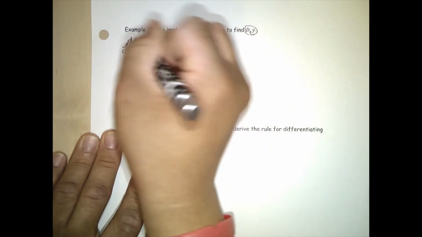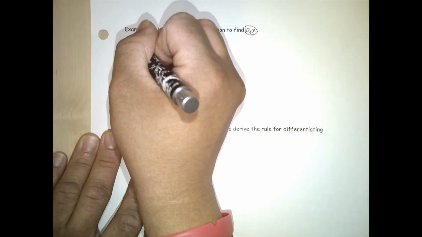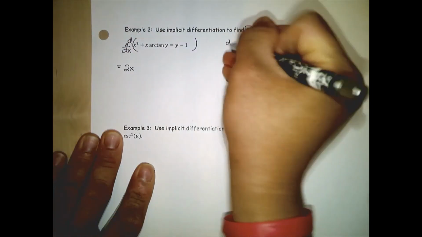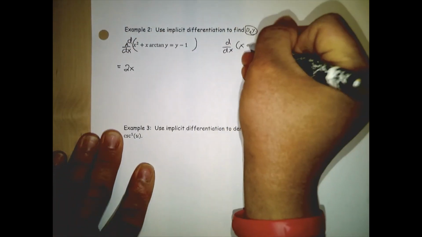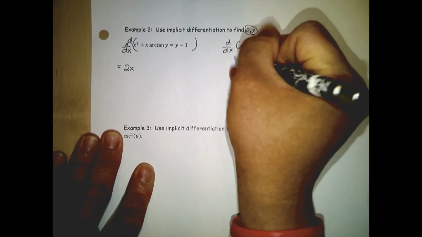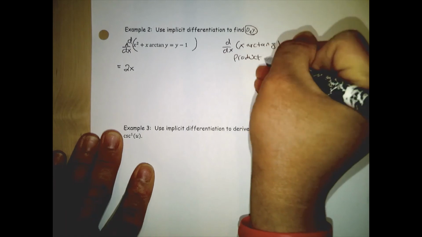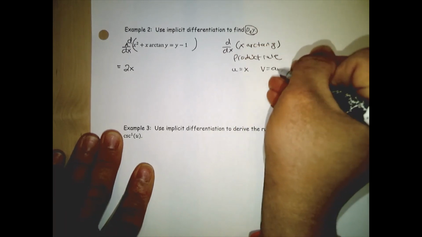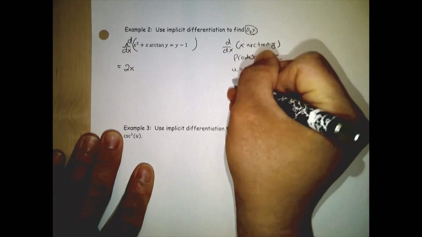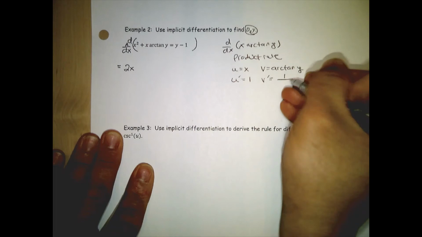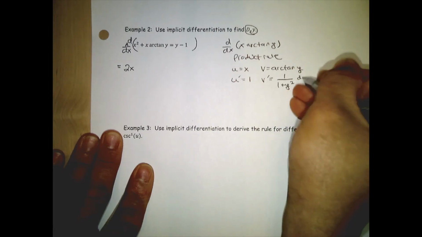So the derivative with respect to x of x squared is 2x, and then dx of x arctangent of y, we'll need to use the product rule. So the u will be x, v will be arctangent of y, u prime will be 1, v prime will be 1 over 1 plus y squared dy dx.